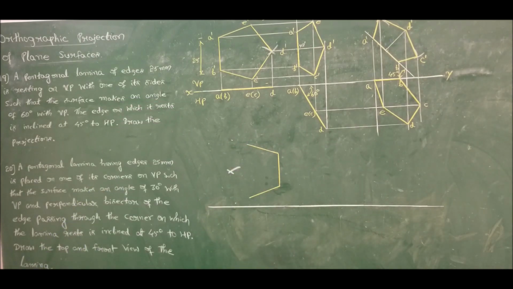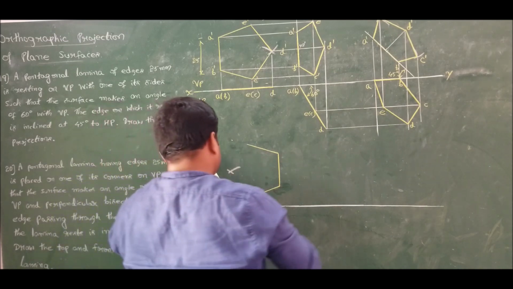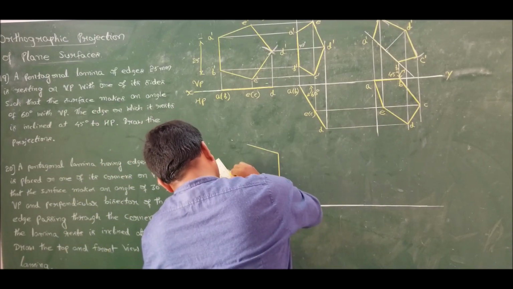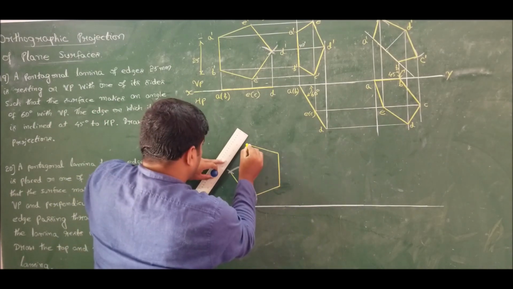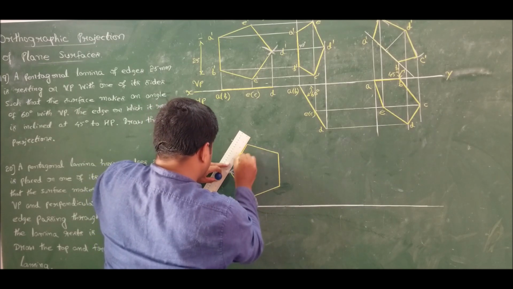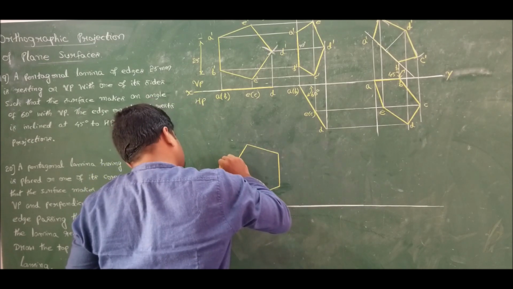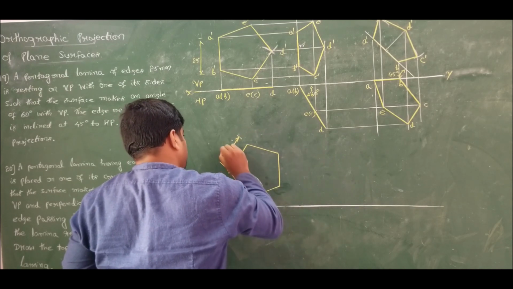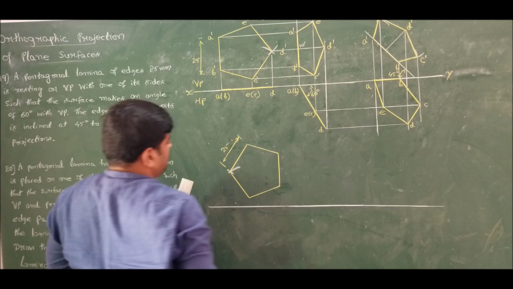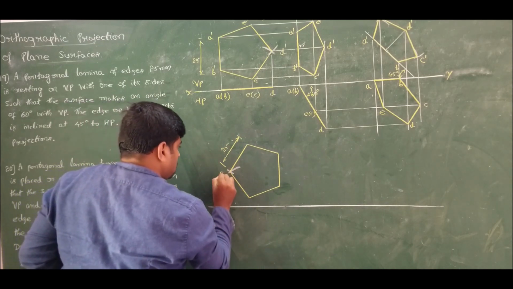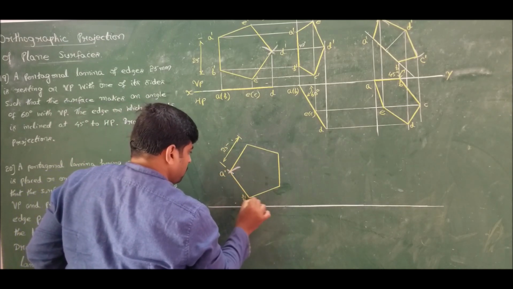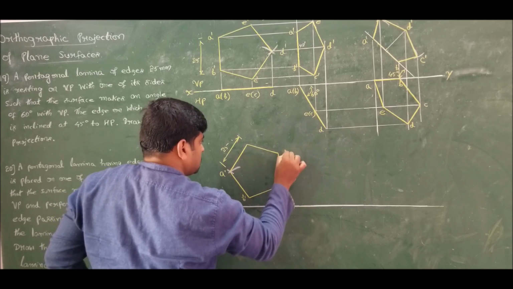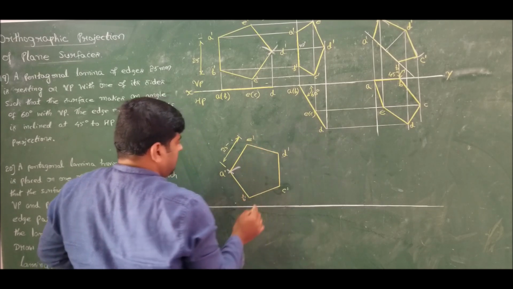That's it. So this dimension is known, which is 25 mm. Now let us call this A dash, B dash, C dash, D dash and E dash.